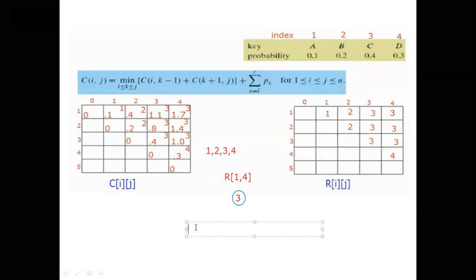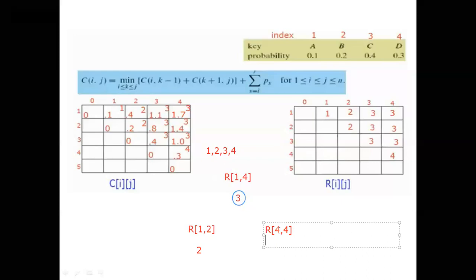R of 1,2. For 1,2 I will see the value also. What is 1,2? The value is 2, which I will write here. I will fill the other value also. 1,2 is over. Next is 4,4. I will write R of 4,4.